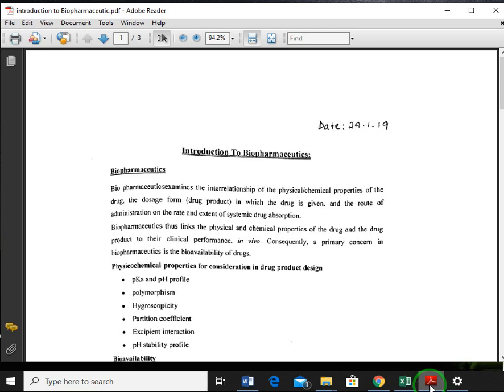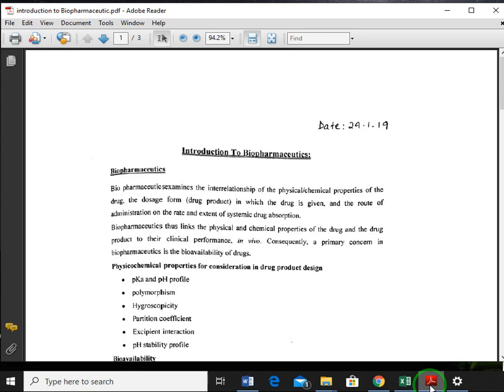Biopharmaceutics examines the interrelationship of the physical and chemical properties of the drug, the dosage form in which the drug is given, and the route of administration on the rate and extent of systemic drug absorption. Biopharmaceutics links the physical and chemical properties of the drug and the drug product to their clinical performance. Clinical performance means in vivo, what the drug does with the body.